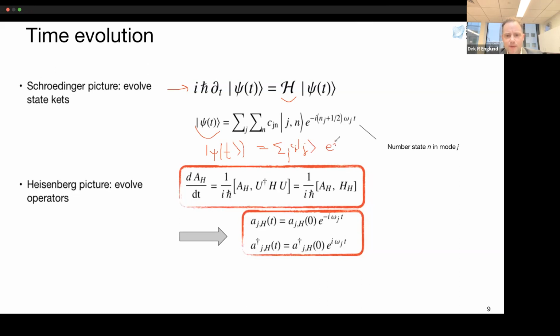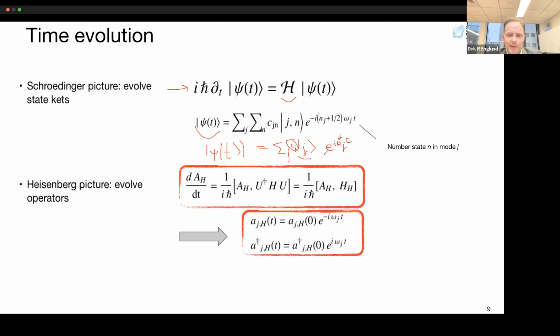E to the I omega J T. Where these are the energy eigenvalues, and these are the eigenstates of the optical field, and these are the amplitudes.